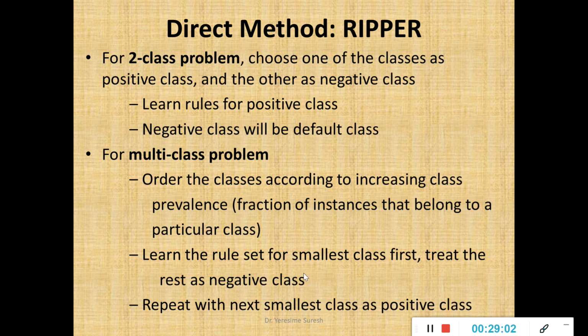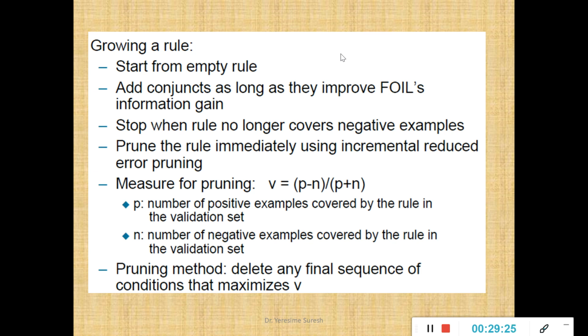Next, say for example no class. Fine, the class label no is having 3 values, then select the next one. Now say for example there is one more class having xyz value with 5 number of appearances, then take 5, then 10. So that is why you are supposed to increase. Repeat the next small class as positive class, remaining will be negative. That is your Ripper method of extracting data.